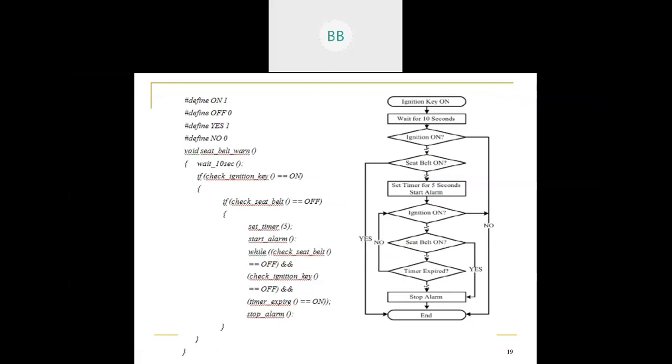During this process, the system checks whether the timer expires. If no, it then checks the ignition state or seat belt status. If true, it stops the alarm and ends the process.